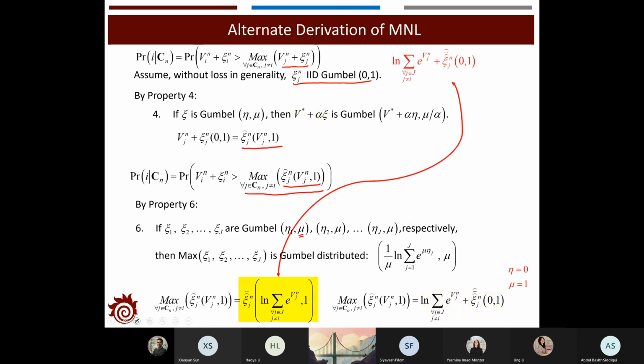And now we will apply this conversion of the maximization of the j minus 1 random variables back to this formula.